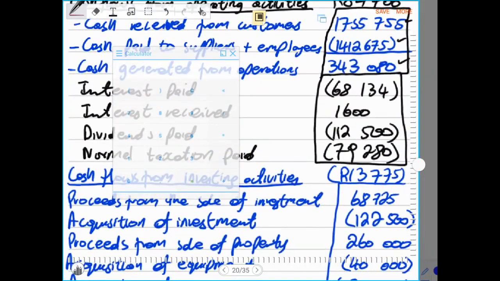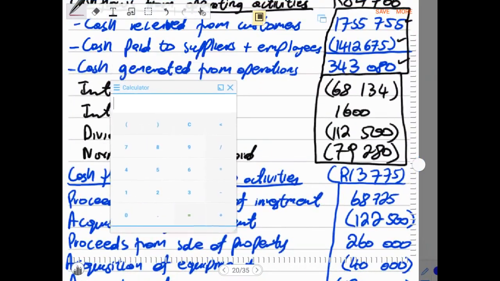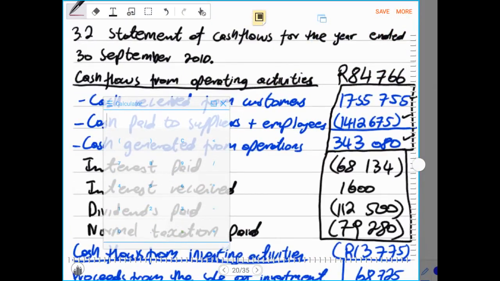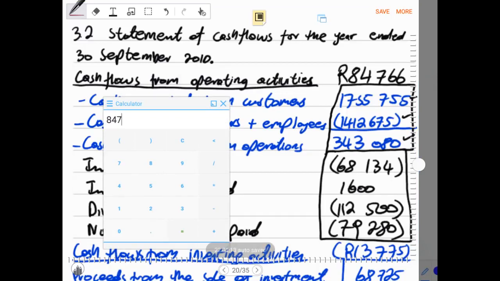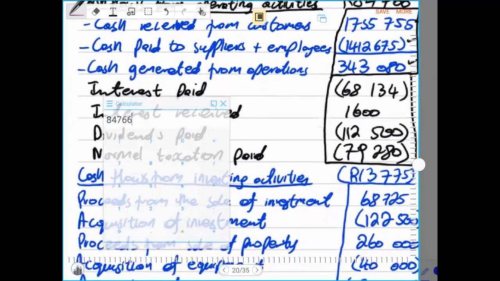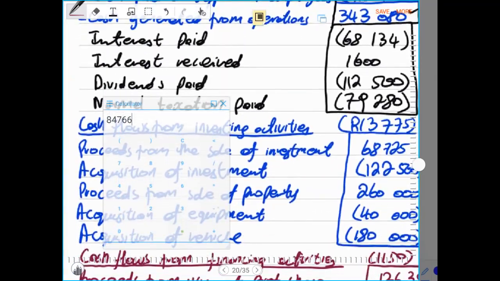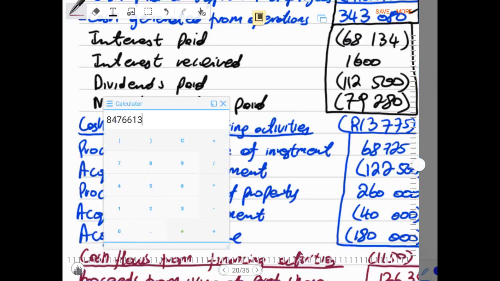We remember there are three headings of the cash flow. The first one is cash flow from operating activities, and the total for that was 84,766. It was positive, take note of that. The total of cash flow from investing activities was negative 13,775. Therefore, we say minus 13,775.